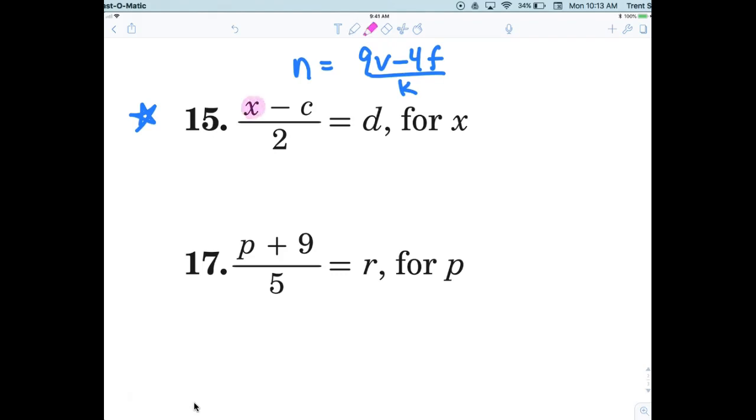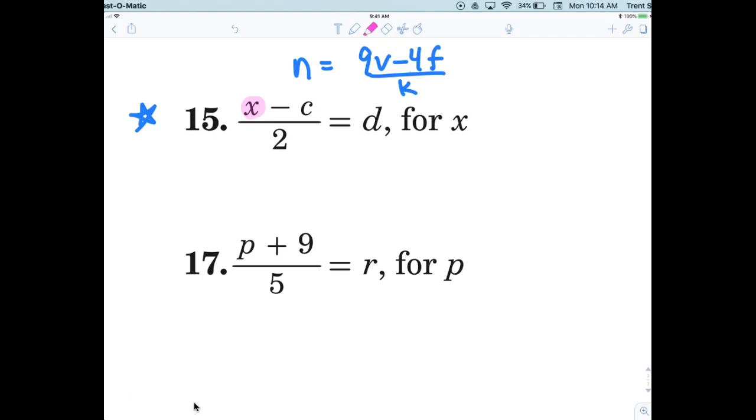What are you thinking, buddy? I don't know. Yeah, you do. Come on, give it a shot. So I want you to read that to me. That says x minus c divided by 2. Let's take a shot at it. Might be wrong even. That's okay. I'm trying to get to x.